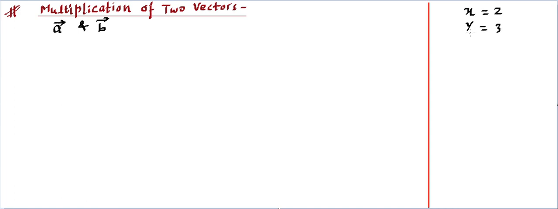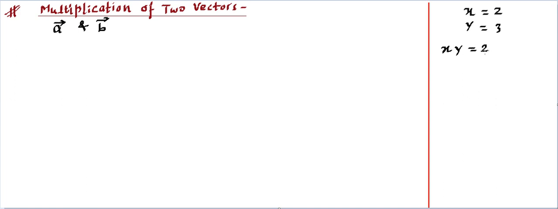If somebody says find the product of these two quantities, we write x into y, which will be written as 2 into 3.